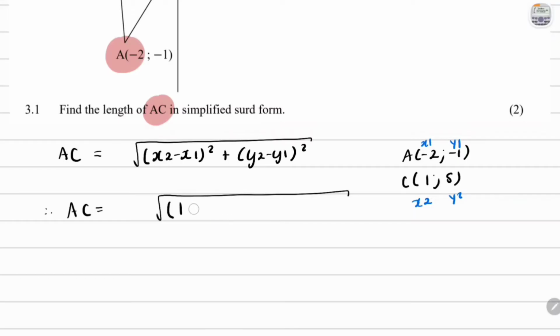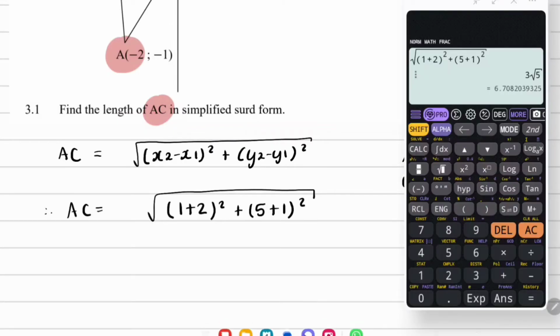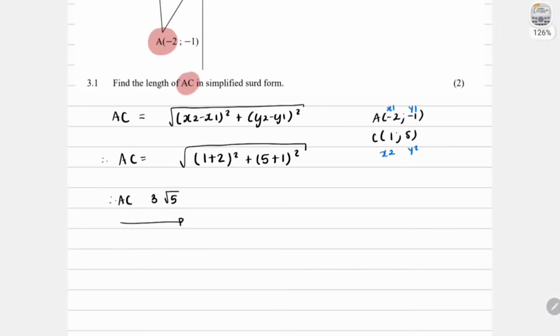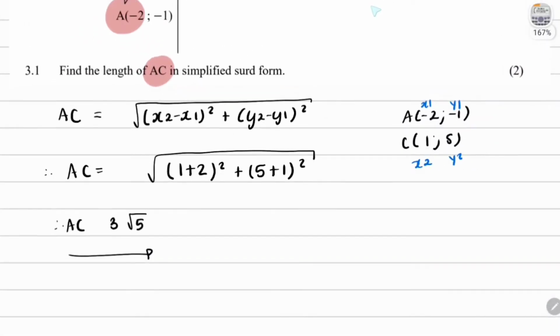Which if you multiply would become a +2, all squared, plus then y2, which is 5, minus negative 1, which is 5 plus 1, all squared. Okay, so then you just have to substitute this into your calculator and calculate the value of that. And our answer for AC is 3 square root 5. Okay, in simplified surd form and not decimal form. Moving on to the next question.